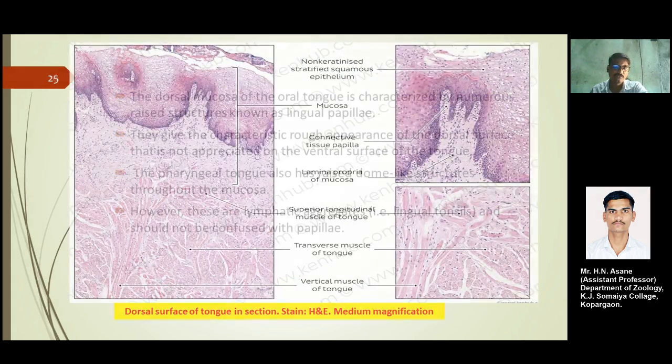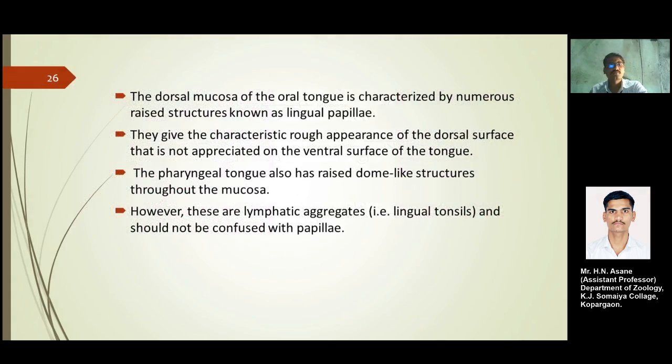The dorsal mucosa of your tongue is keratinized, with numerous raised structures known as the lingual papillae. They give the characteristic rough appearance to the dorsal surface of your tongue that does not appear on the ventral surface. The pharyngeal tongue also has raised dome-like structures throughout the mucosa.